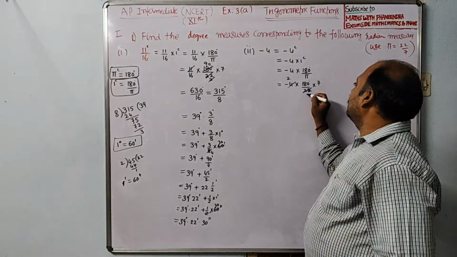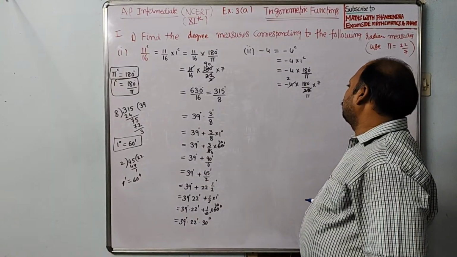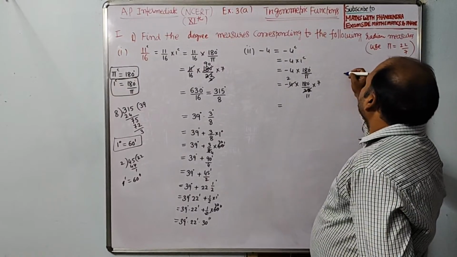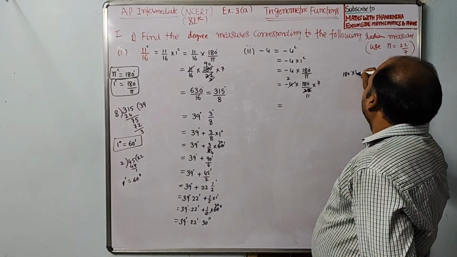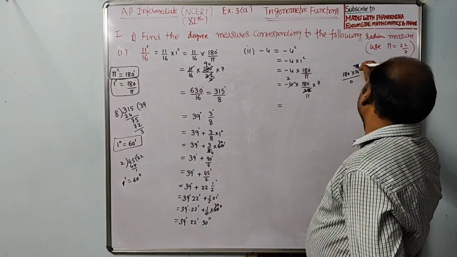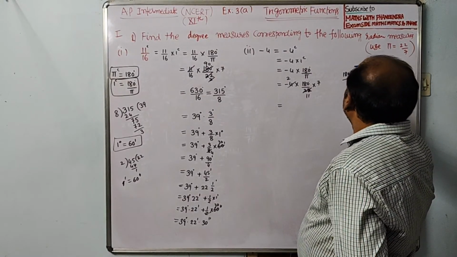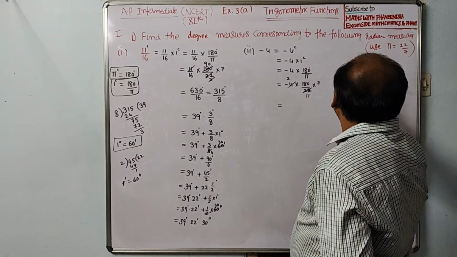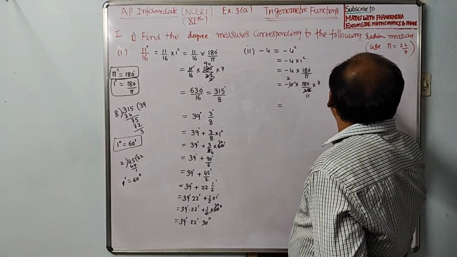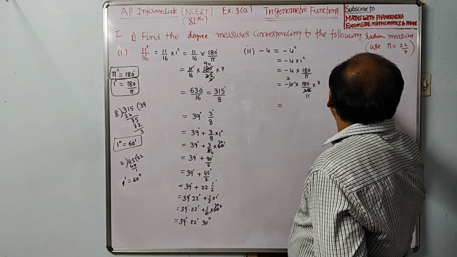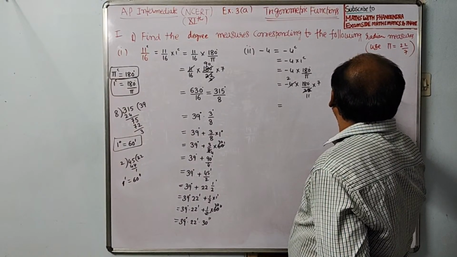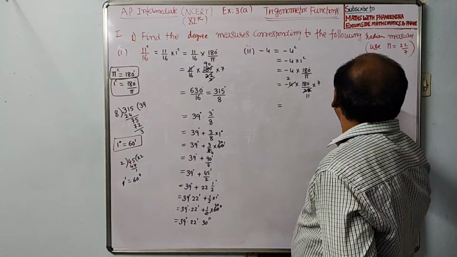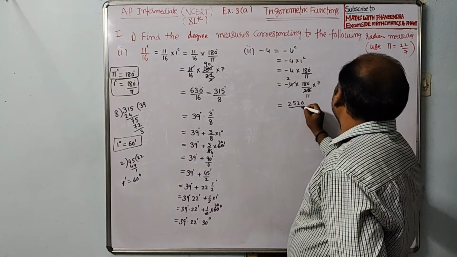2 2s, 2 11s. So 180 we can. So 2050 by 11.